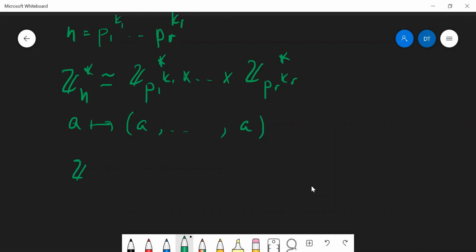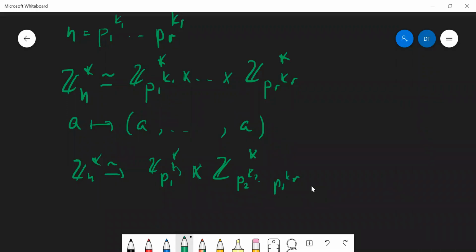For example, Zn star, first of all, you have this map to Zp1^k1 star times Zp2^k2 and so on, pr^kr star.